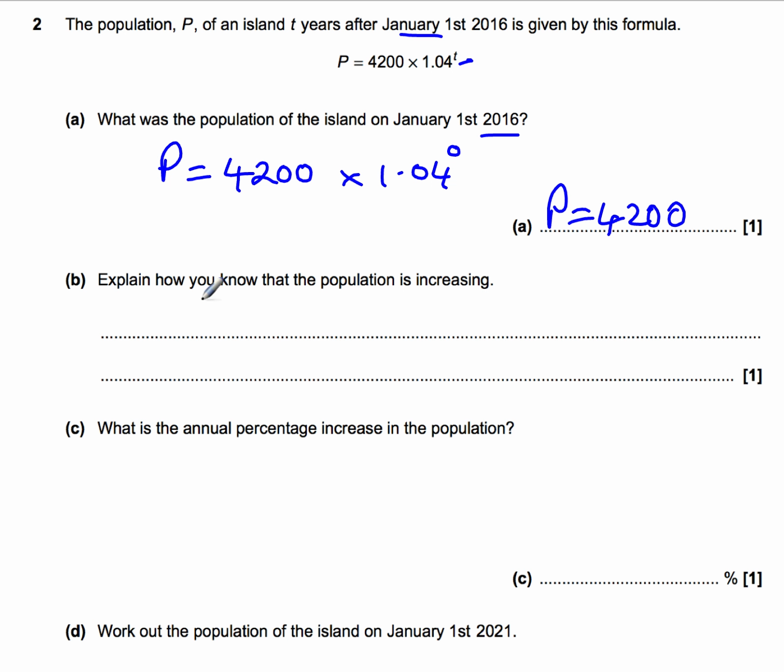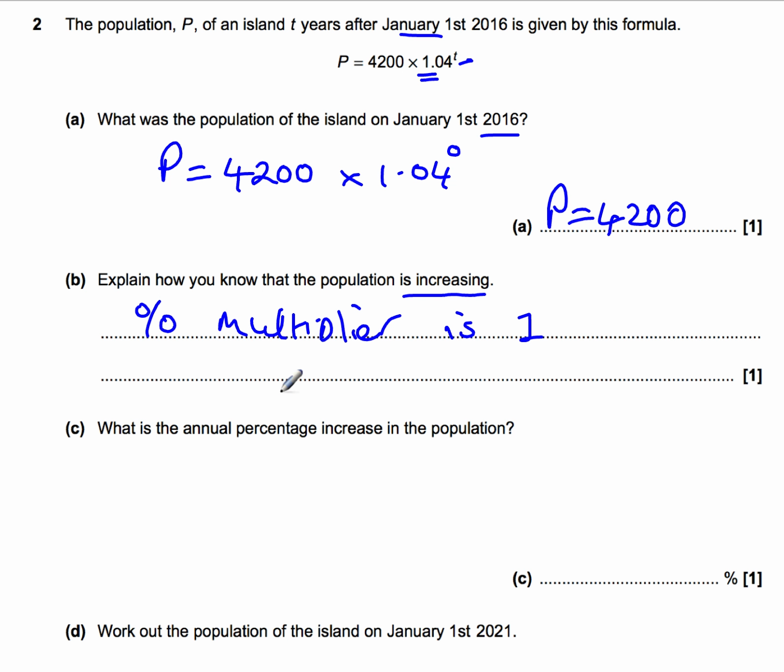Okay, part B, explain how you know that the population is increasing. Well, your percentage multiplier is 1 point something, or it has a 1 here. So what that means is you're keeping 100% of that population, plus an addition of 4%.